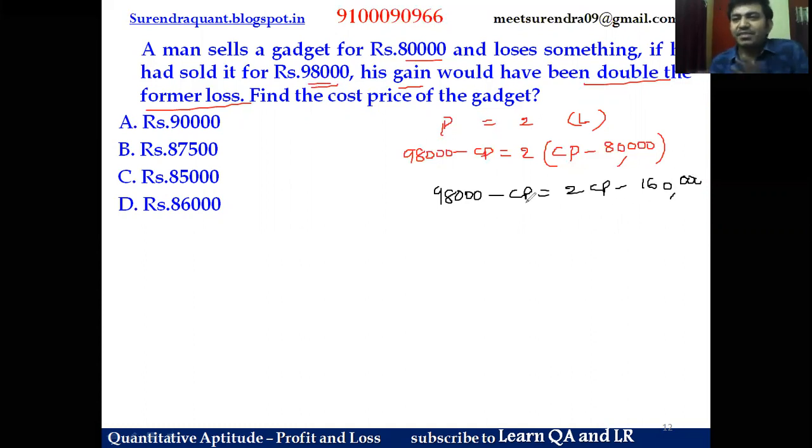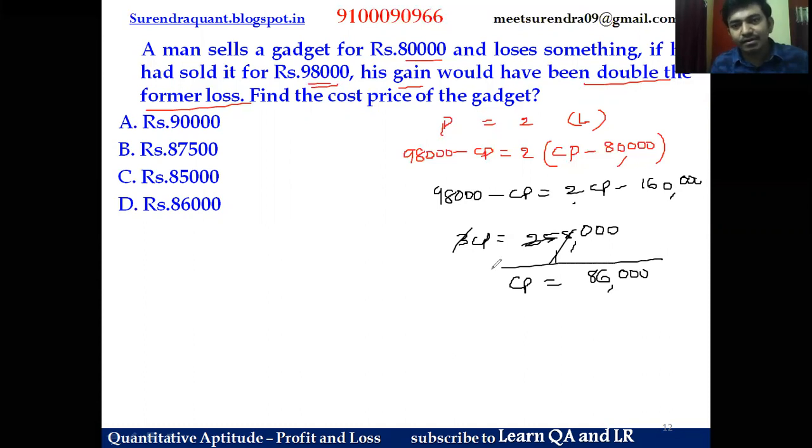Now let us send CPs to one side, other terms to the other side. 2CP plus CP, 3CP. 1,60,000 plus 98,000, that is 2,58,000, right? What is CP then? 3 8s are 24, 1 remainder, 3 6s are 18, so 86,000. So 86,000 is the cost price.